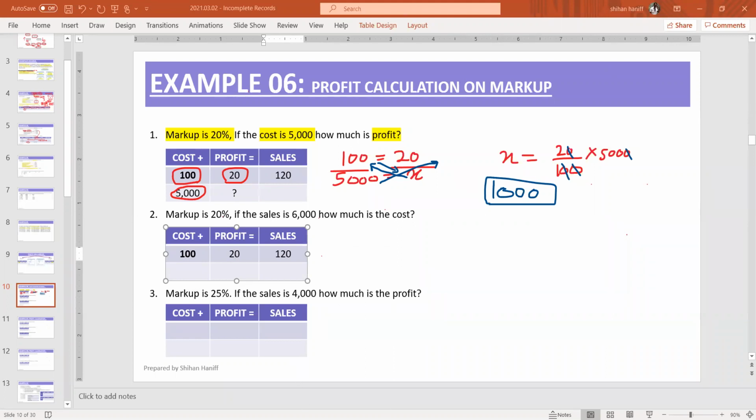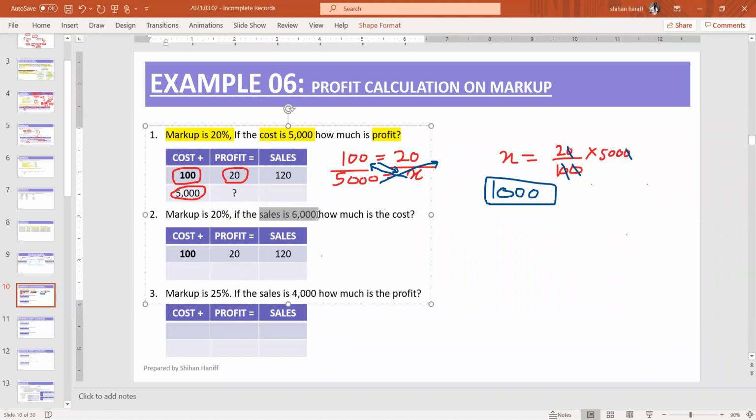Right. So let's check this. Okay. Now we have the sales.